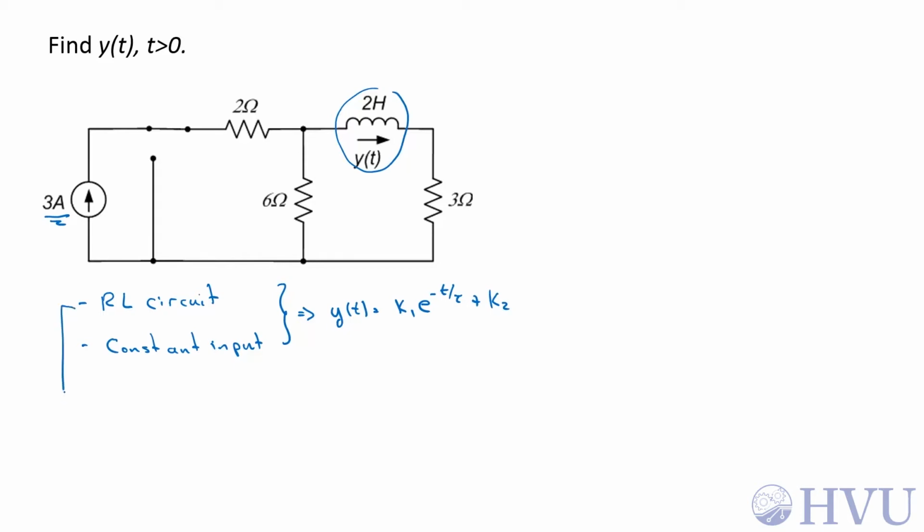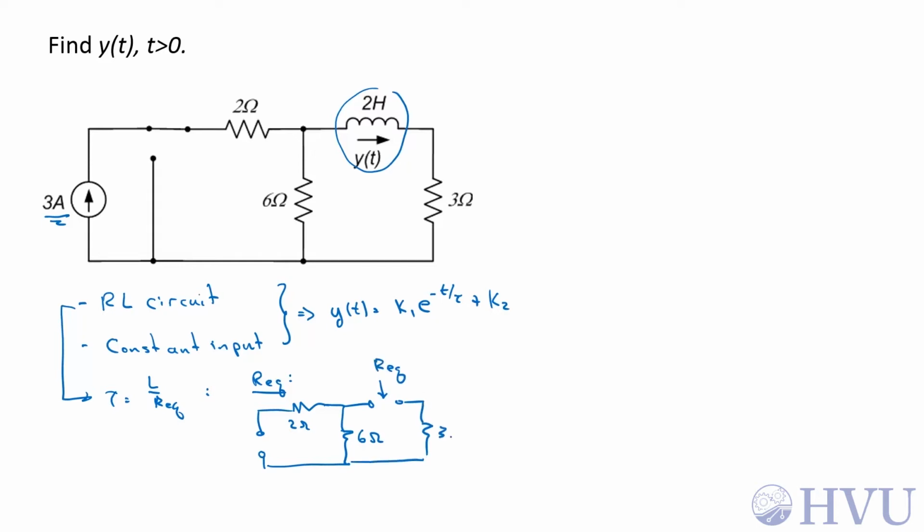For an RL circuit, we know that tau is equal to L over Req. So let's find an equivalent resistance seen by the inductor. Kill our source. The current source becomes an open circuit. 2 ohms, 6 ohms. These are the terminals that we want a voltage-current relationship across. And here's 3 ohms.